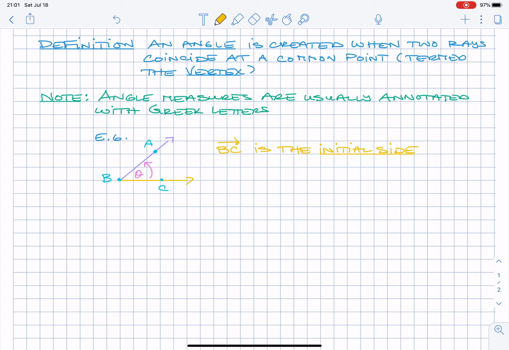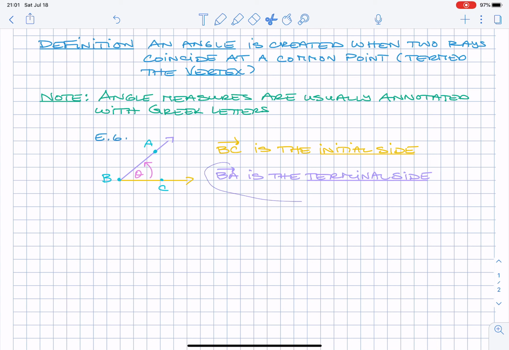Notice the arrow for the angle starts at the yellow side and ends at the purple side. So the purple side, which is BA as a ray, is the terminal side.